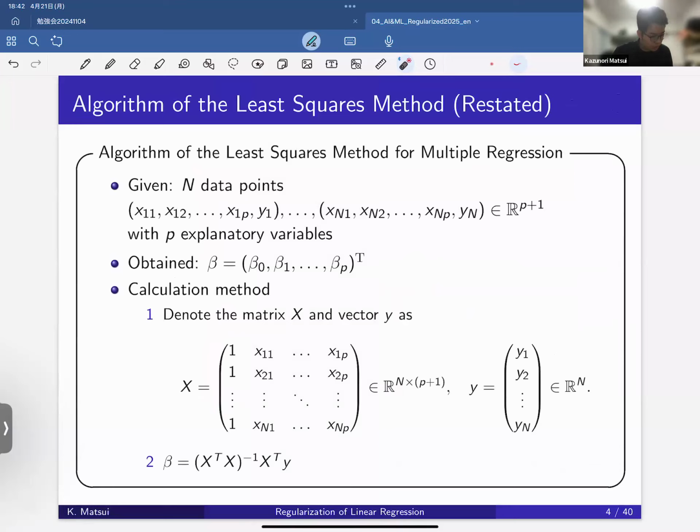The algorithm we got from the least squares method was this one. We define X as a matrix with the explanatory variables arranged in columns, with a column of ones added at the beginning, and Y as the vector of the objective variables arranged like this. By calculating in this way, we can find the parameters of linear regression.